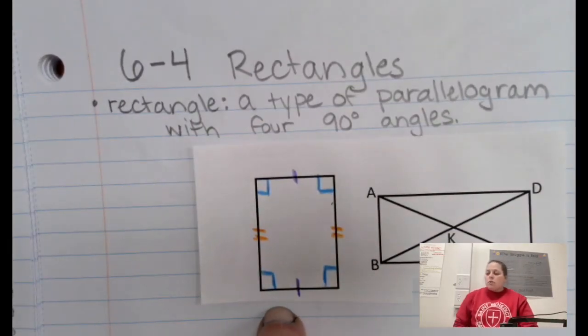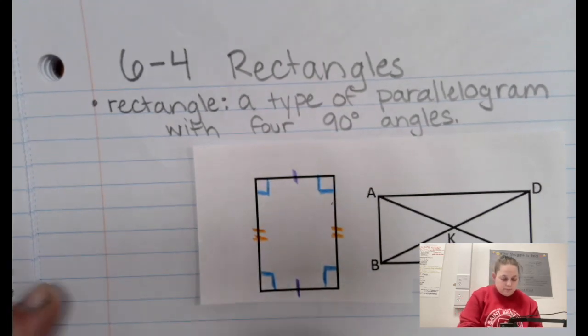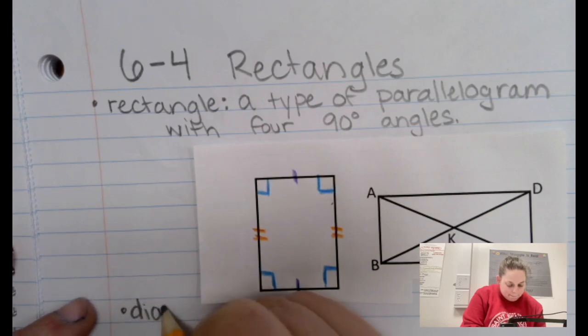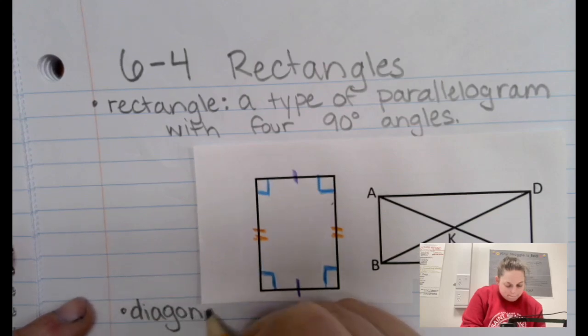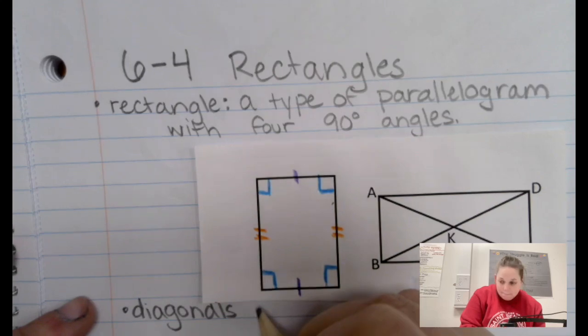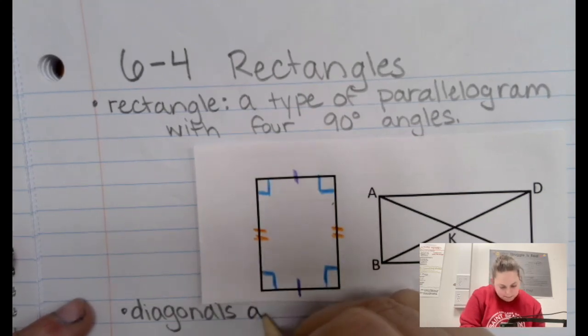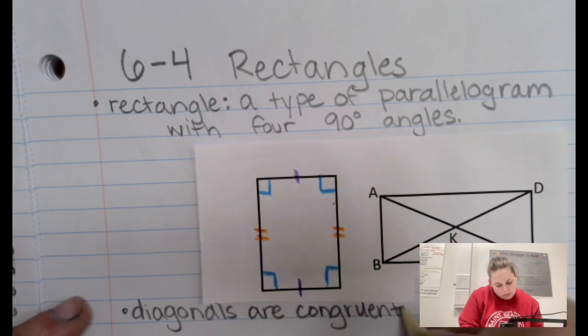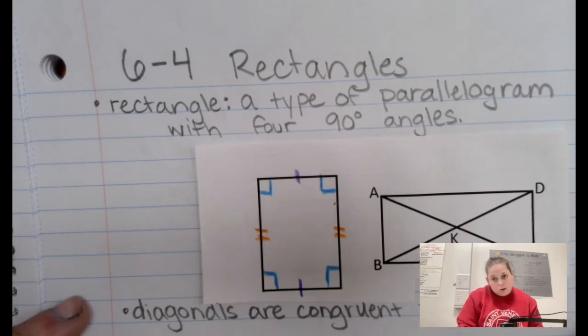But what we also know here is that diagonals are congruent to each other. You can't see that.